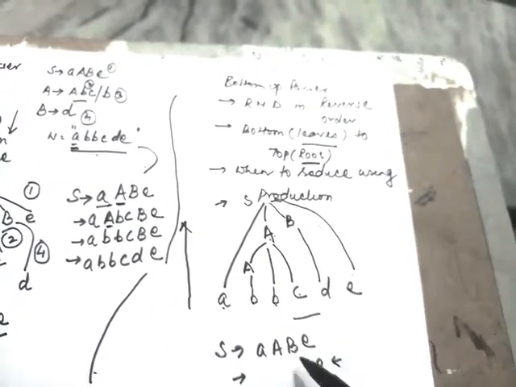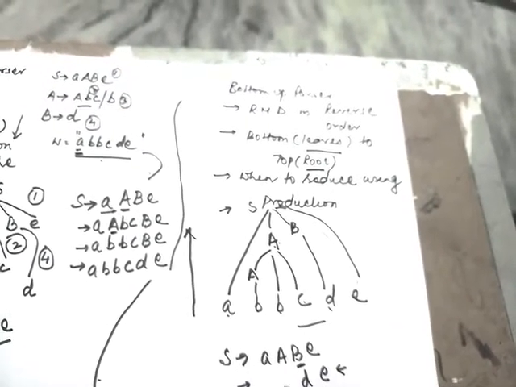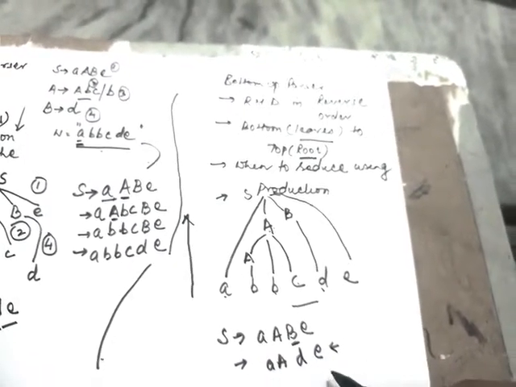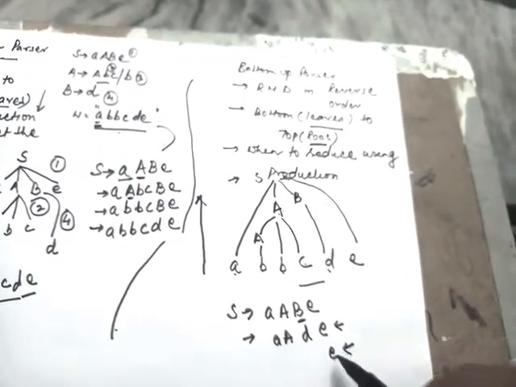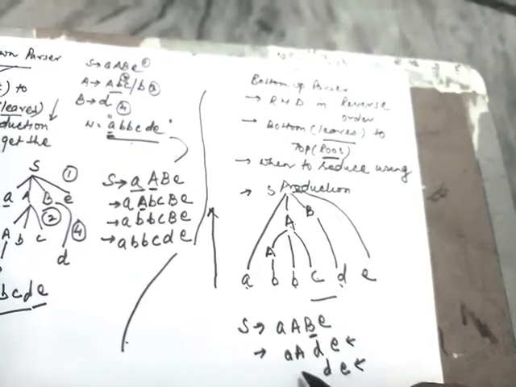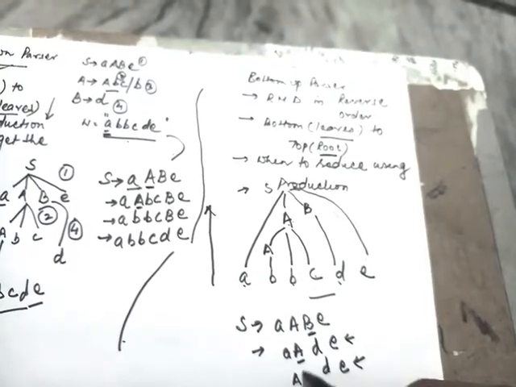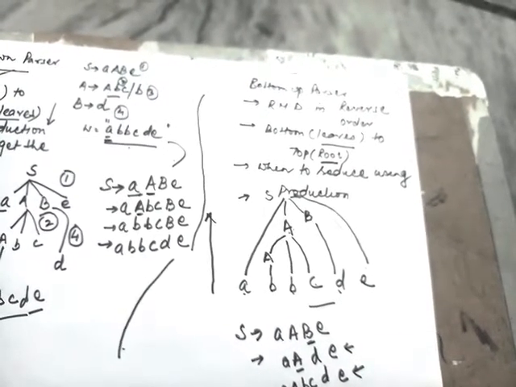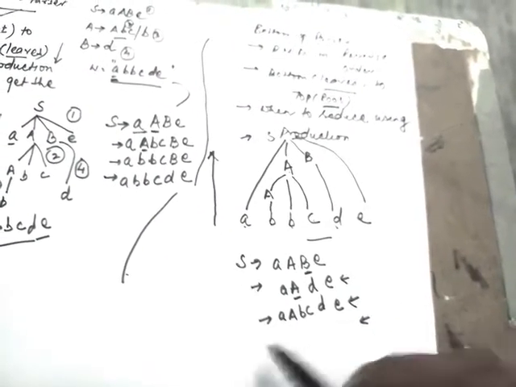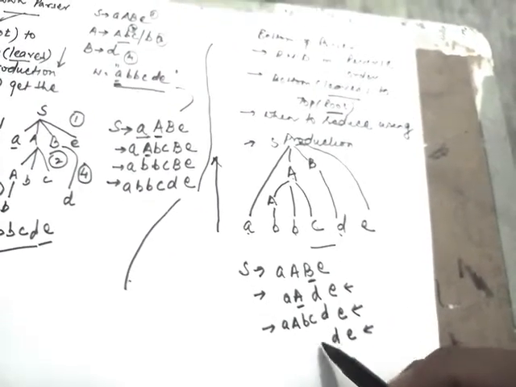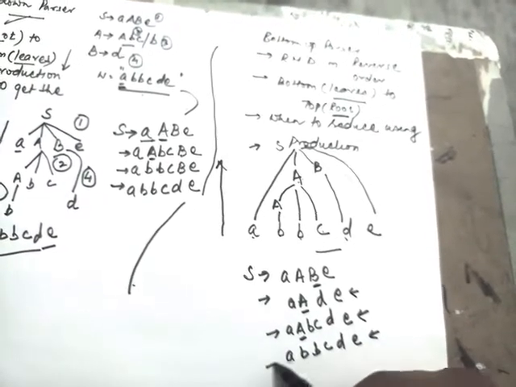Then instead of this B, we have written this D, and the rest of the things are the same. Now again we scan from right to left. E is okay, D is okay. Instead of this A, we have A, B, C, and this is our string. Then again we scan from right to left, E, D, C, B, and then this B is reduced with A. So we got the string.